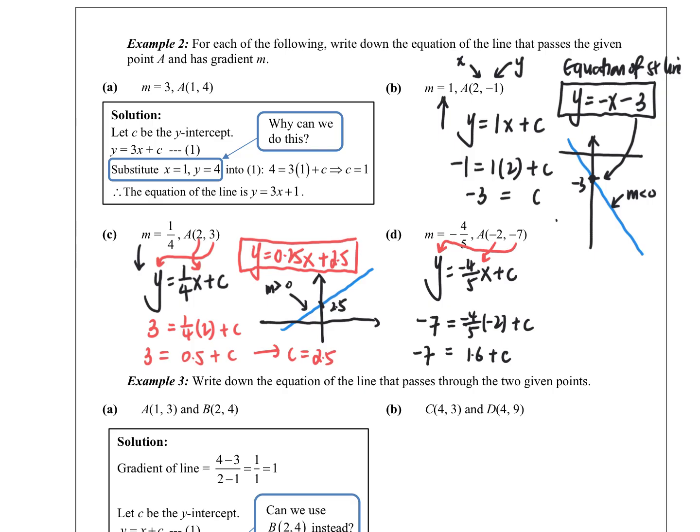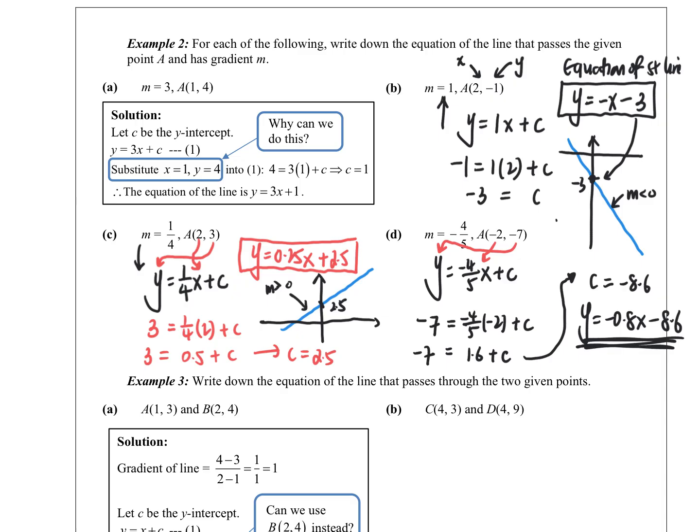Yeah, so this one is just a recap, but there will be one new component towards the end. Okay, so c is minus 8.6, so your equation is y equals to negative x minus 8.6. So all these are what you have learned before already. So take this to be the recap.